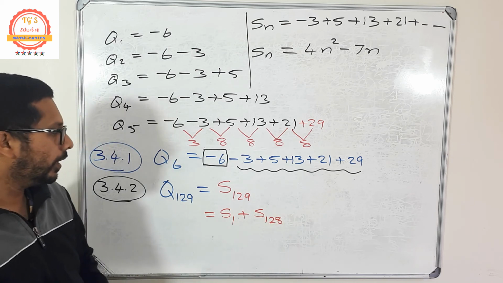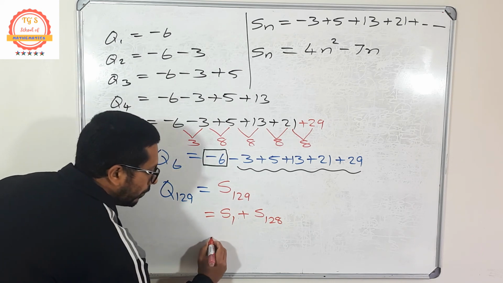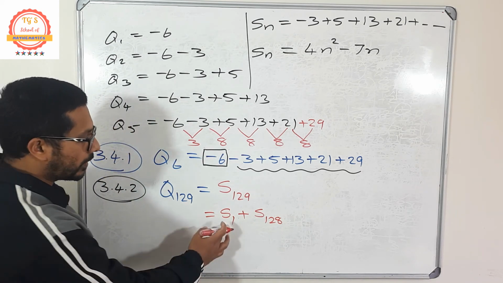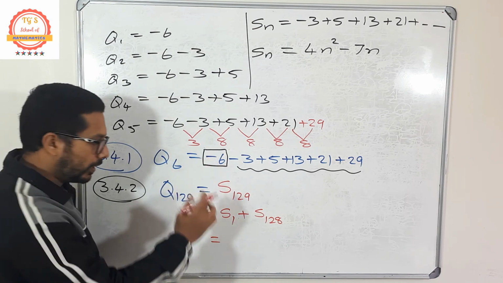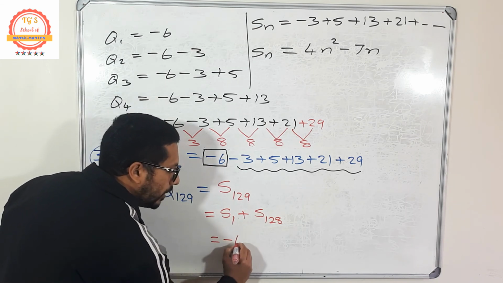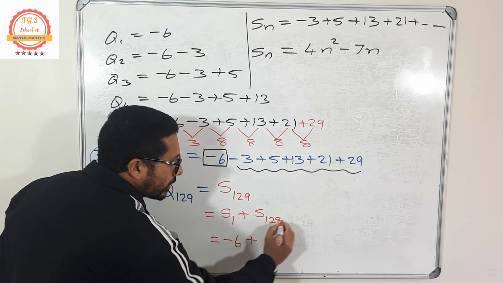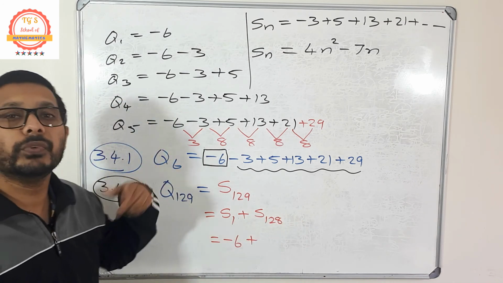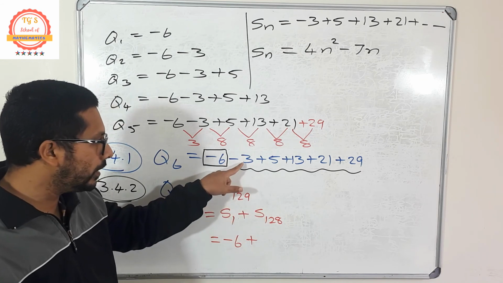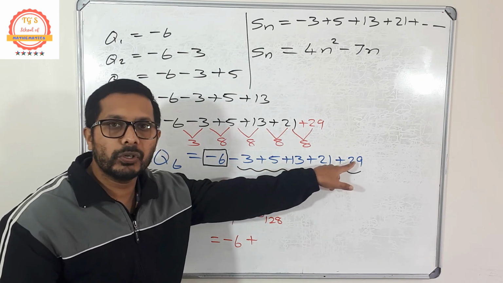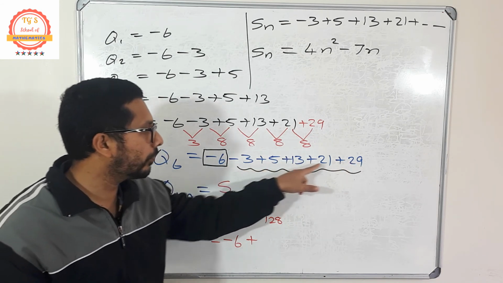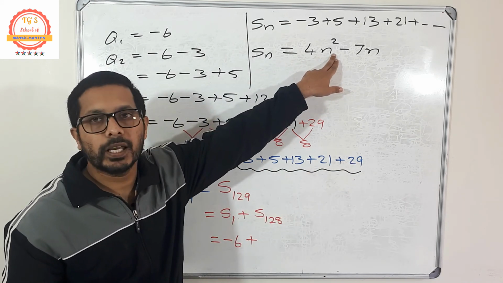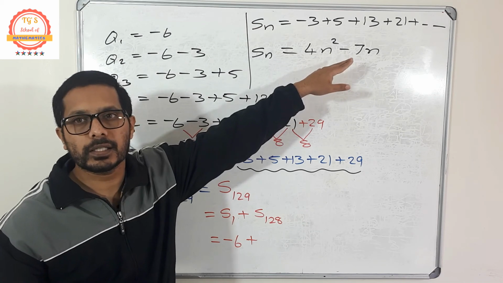So now what is the first term? We know what the first term is. Sum of the first term is the same as the first term. That is minus 6. So it is minus 6 plus the sum of the first 128 terms of which series? This series. We already have an expression to find the sum of the series, 4n square minus 7n.